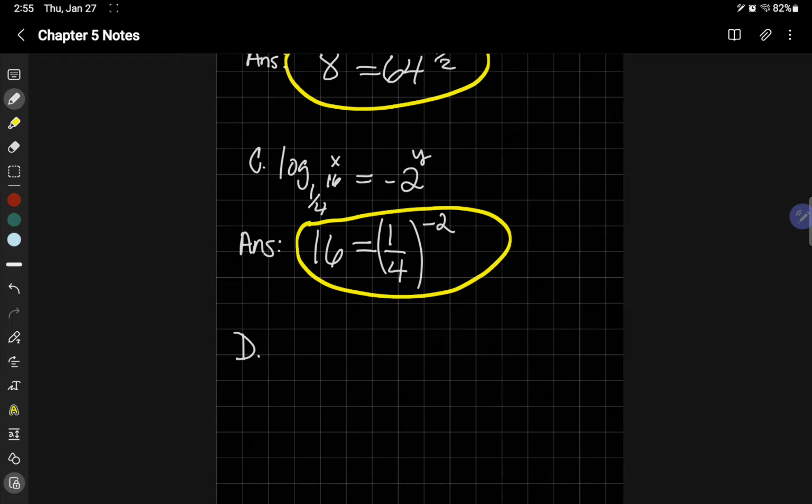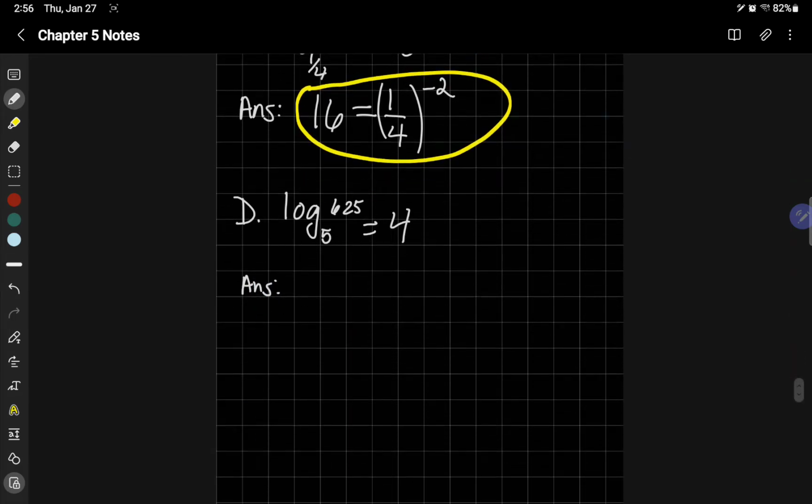And the book is basically a practice one, which is log base 5 of 625 equals 4. And we're going to write our answer here. Put our equal.